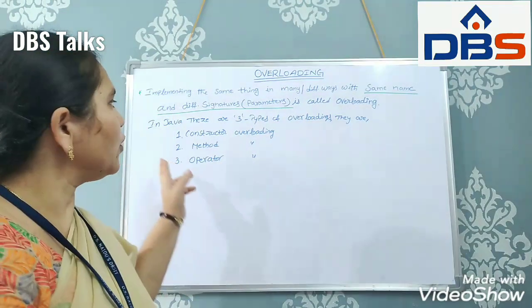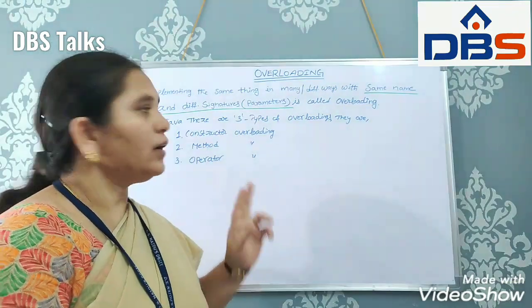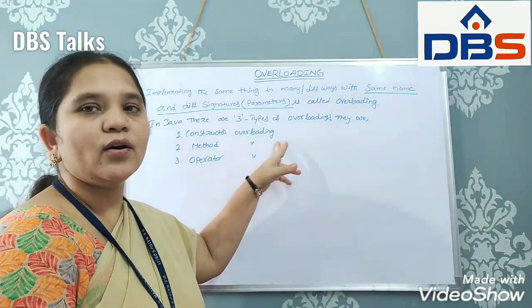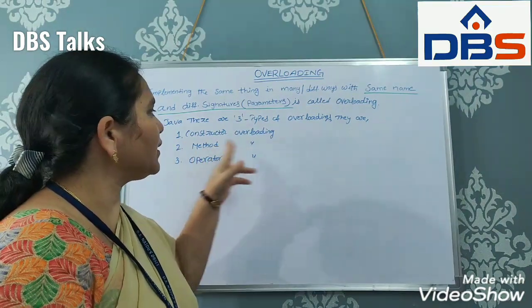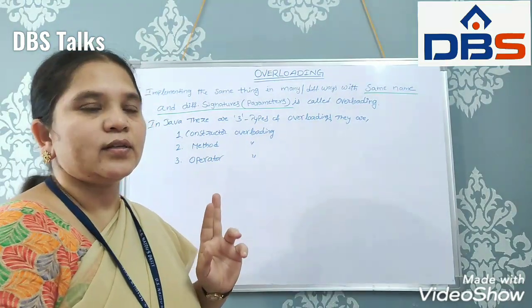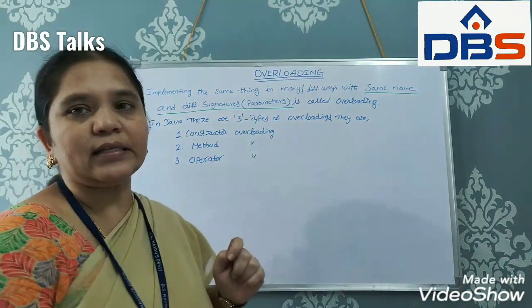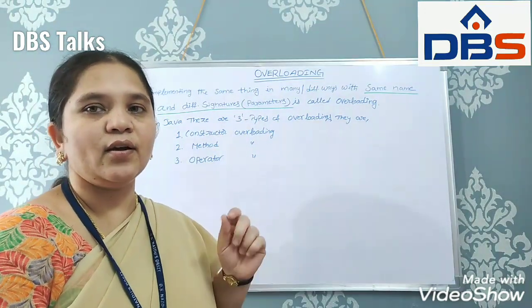These three types of overloadings are supported by Java. First one is constructor overloading, second one is method overloading, third one is operator overloading. We already discussed constructors in the previous lecture, that is called constructor overloading.